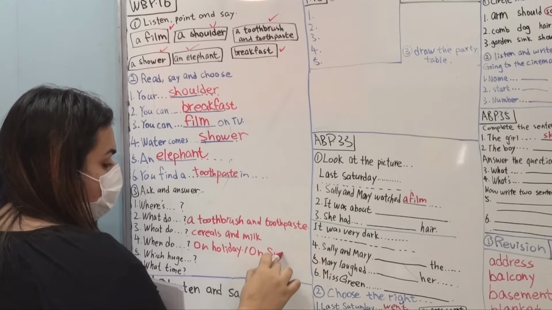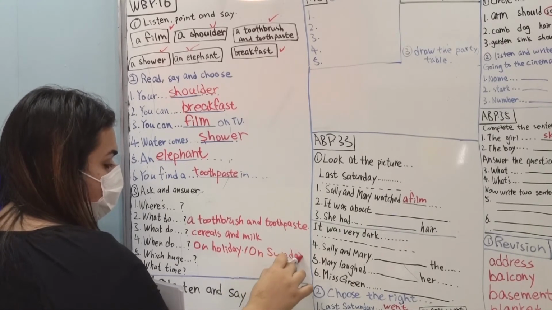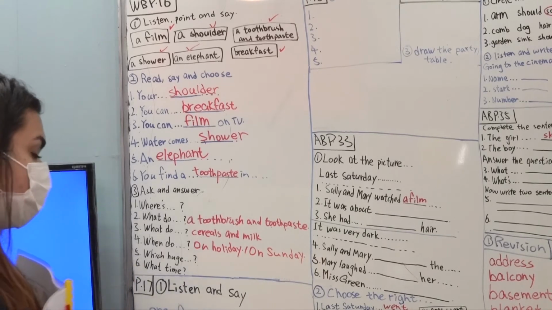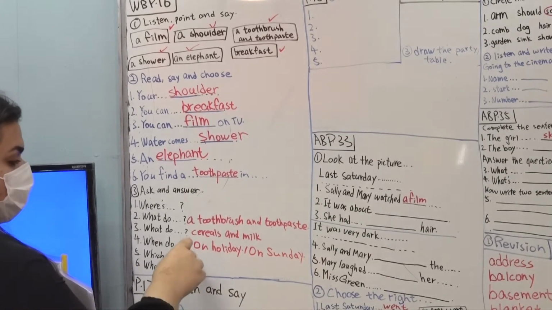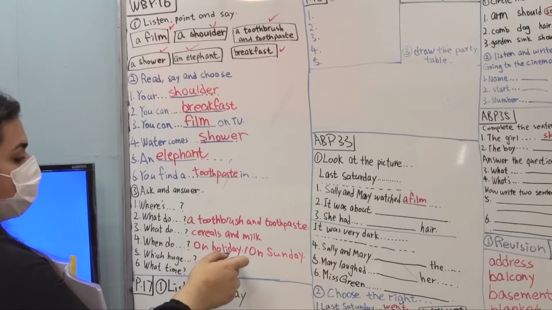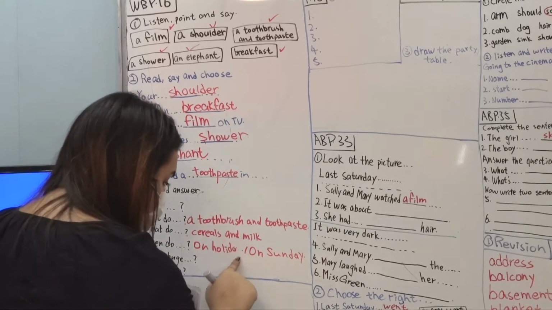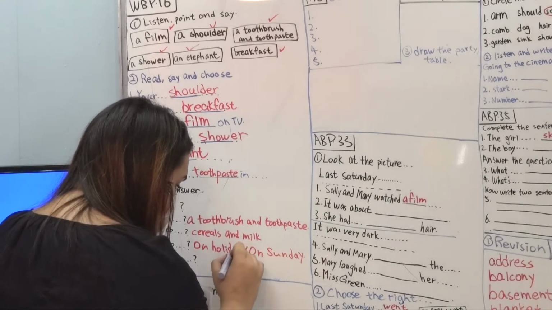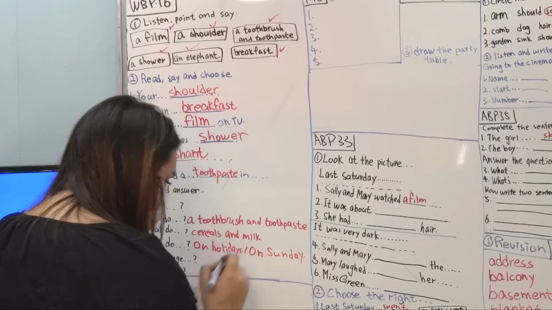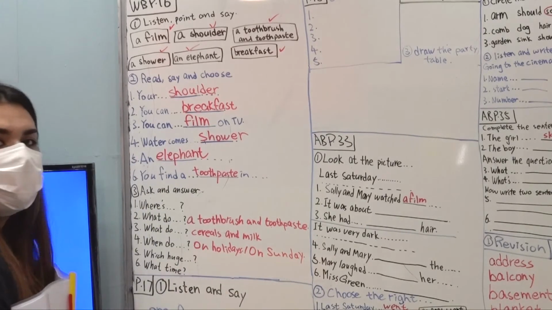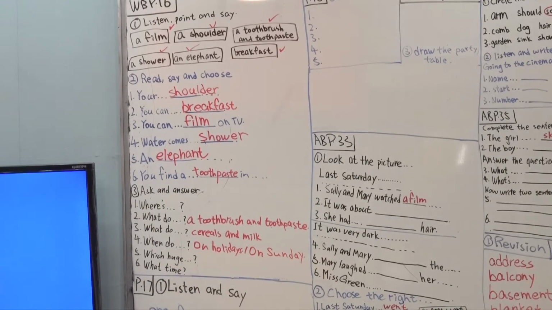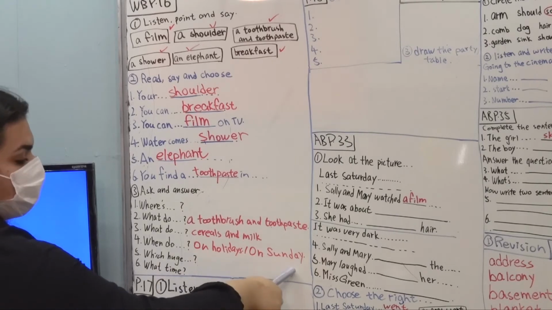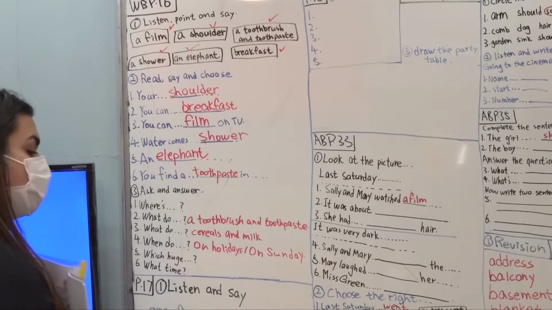Or Sunday. So I'll just write Sunday. Okay, you can say Saturday as well. You may say on holidays. It means when you're on holidays, you go to the cinema, right? Or you can say on Sunday. Okay.